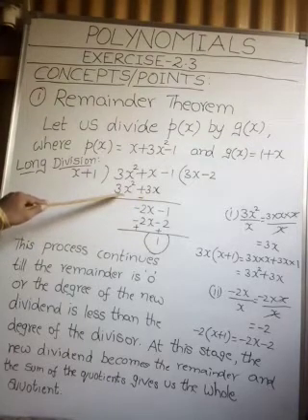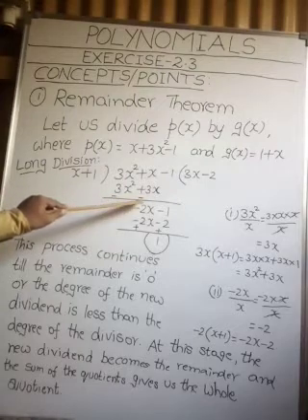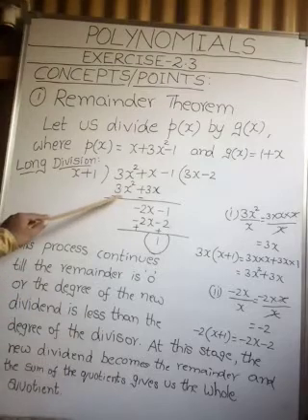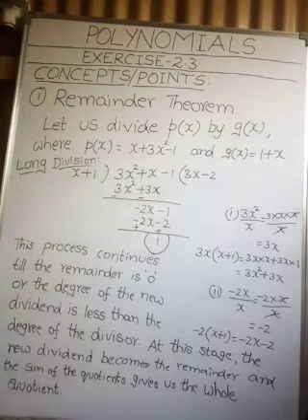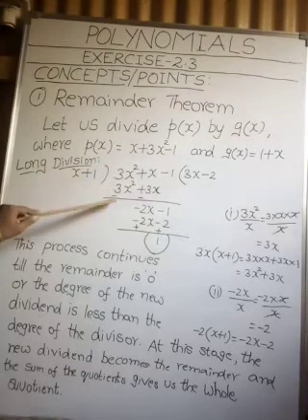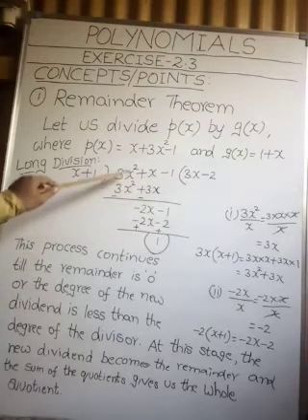Here plus 3x² is there, so we change it to minus 3x². Here plus 3x is there, we change it to minus 3x. We have to change the sign of each and every term. Okay, my children. After that, 3x² minus 3x² will get cancelled. We get 0 only. Understood this part, my children?